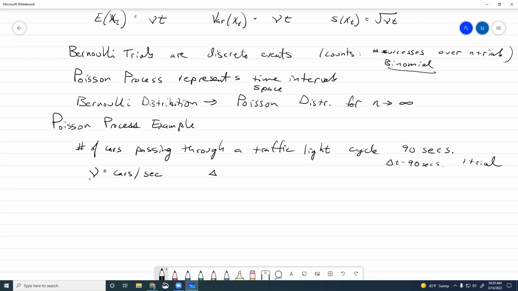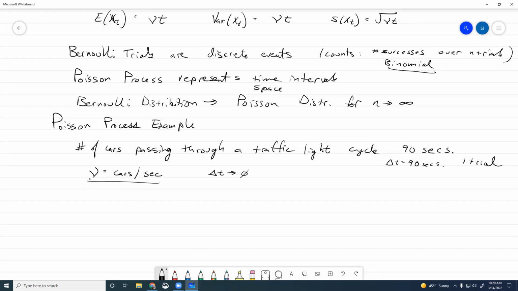And then we can take that delta t and make it go to 0. And so now we have this continuous distribution. Instead of 90-second chunks in a trial, now we have a rate of number of cars per second. And now we have this continuous variable.